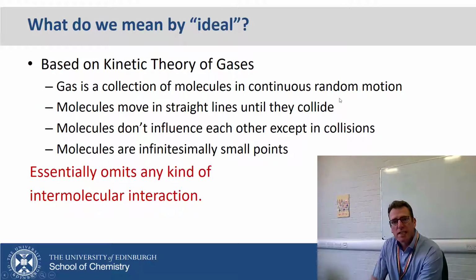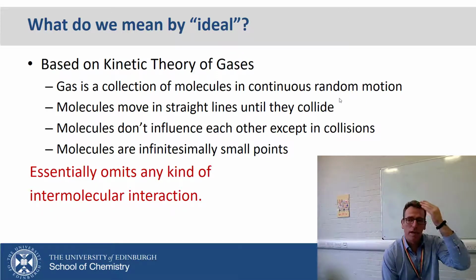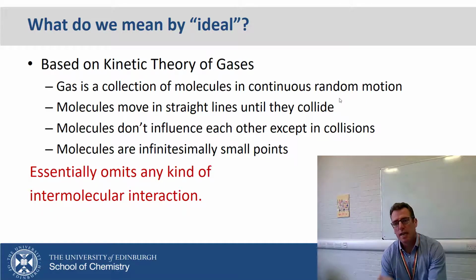When we say ideal gas law, that comes from the kinetic theory of gases, and the kinetic theory of gases is essentially a very simple model of gases, and says that a gas is a collection of molecules that are moving continuously and randomly. That's a pretty good approximation.